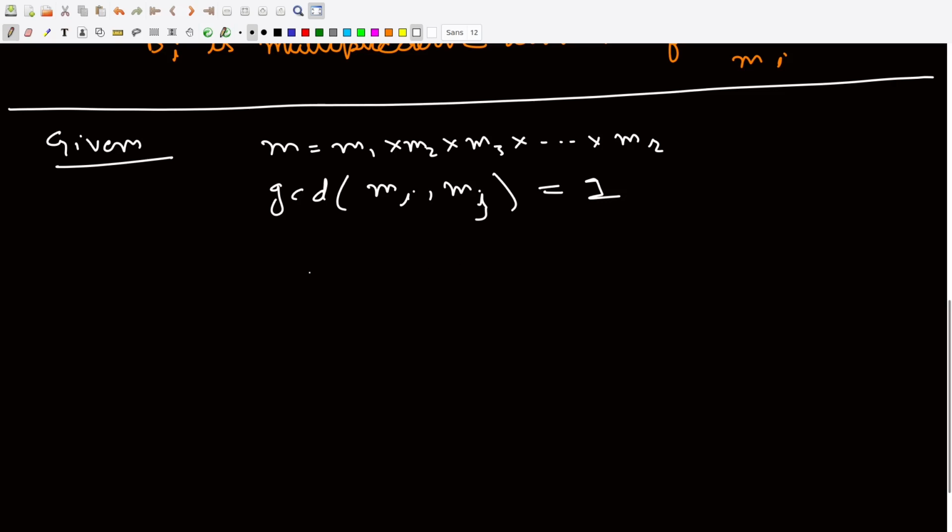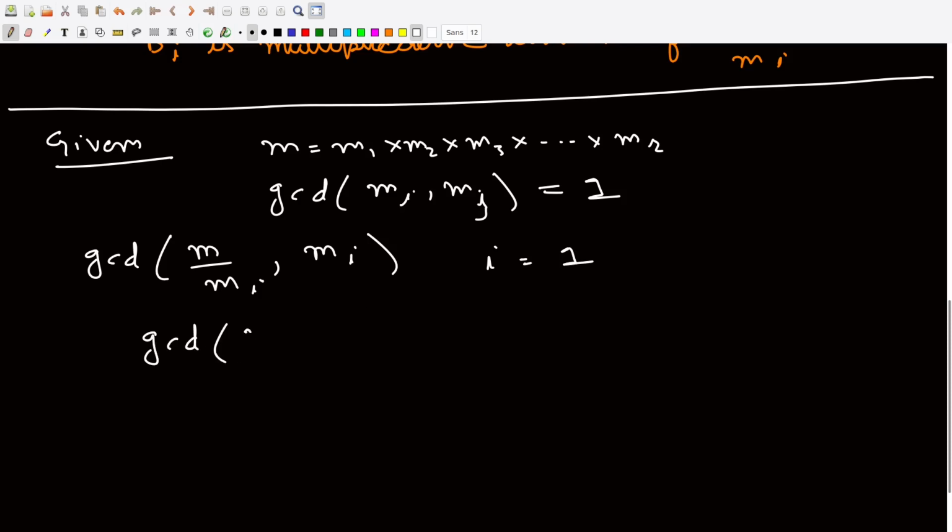Now let us compute the GCD of m divided by mi, comma mi. Let us say i equals 1. Essentially we want to compute the GCD of m upon m1, comma m1.